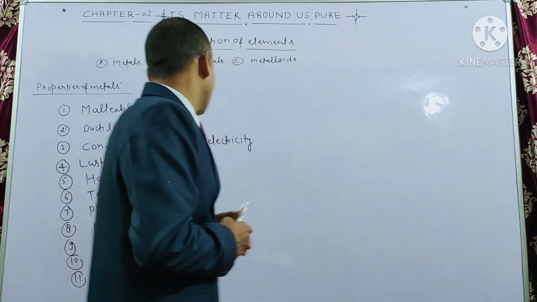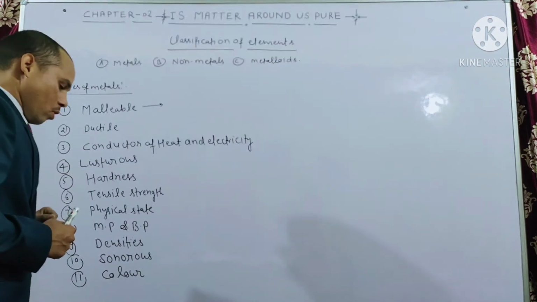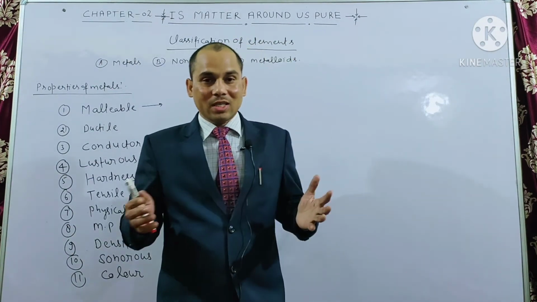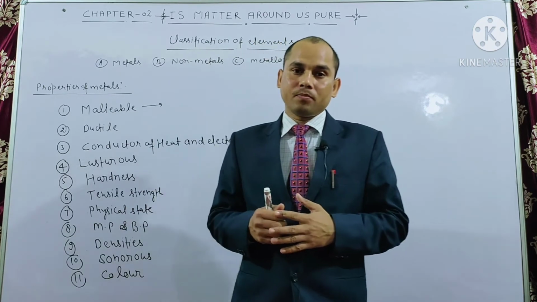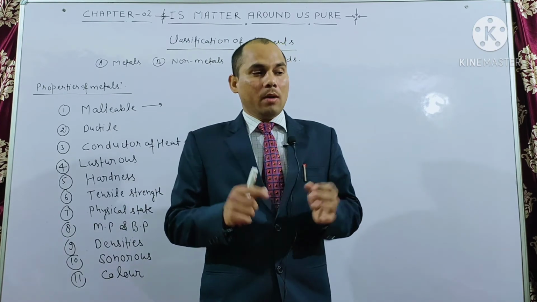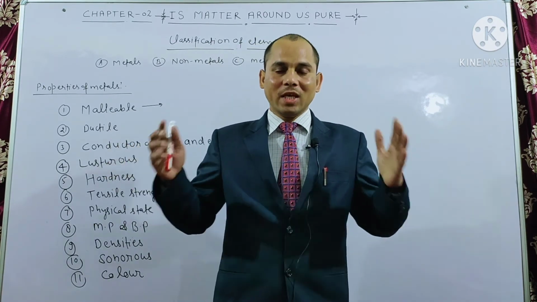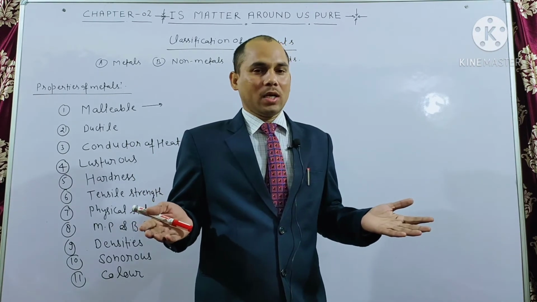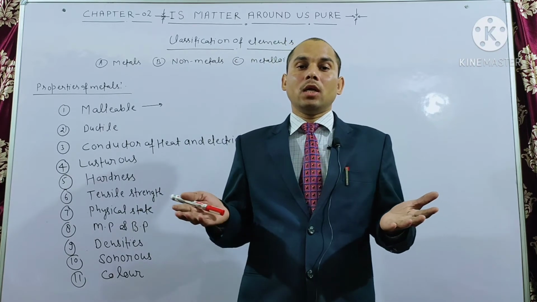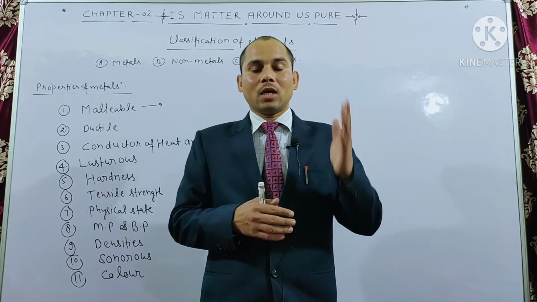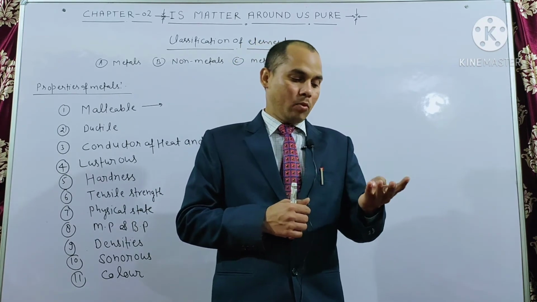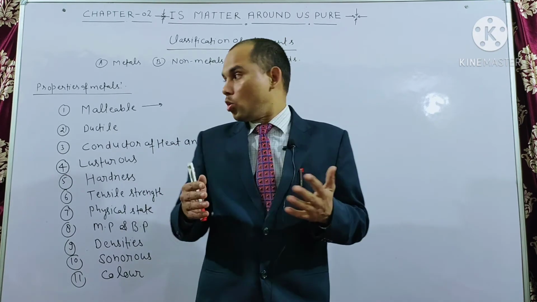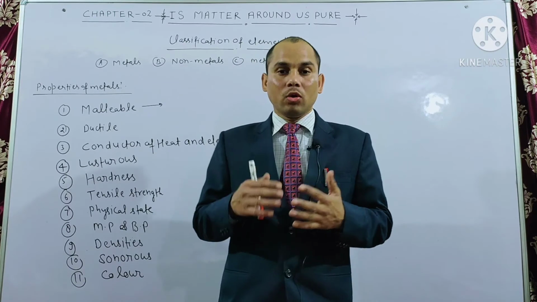Next one is ductile, or sometimes ductility. Ductility is also a property of metals, according to which a metal can be drawn into a thin wire. That's why wires are generally made of metals like aluminum and copper; they have good ductility.